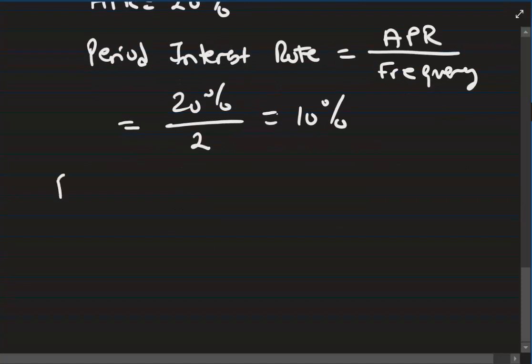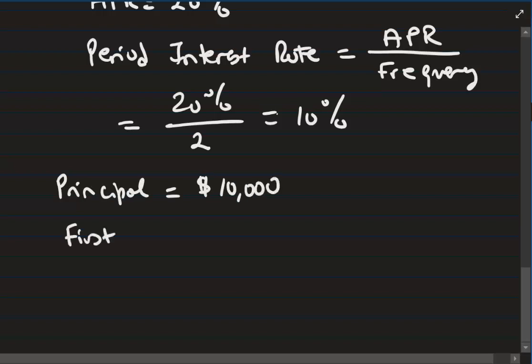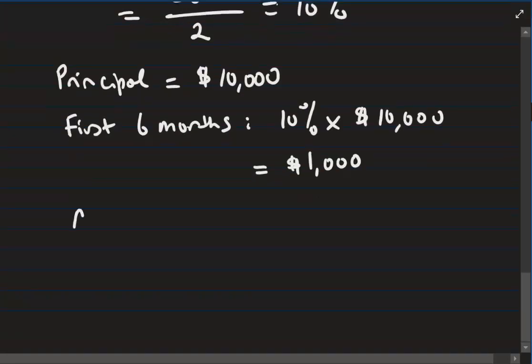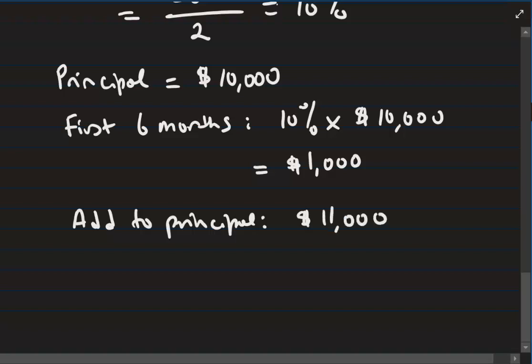Let's say our original principal was $10,000. So first 6 months, you will be charged 10% times 10,000. That's $1,000. That's going to be added to principal. So at the end of 6 months, you're going to owe $11,000.